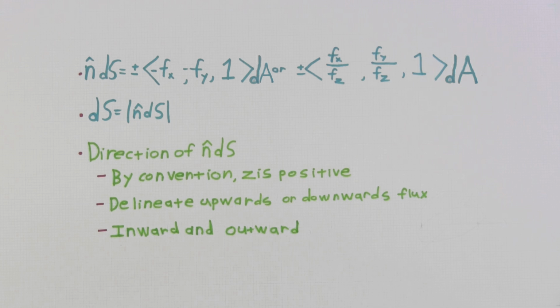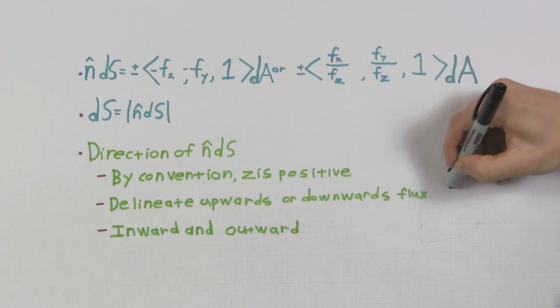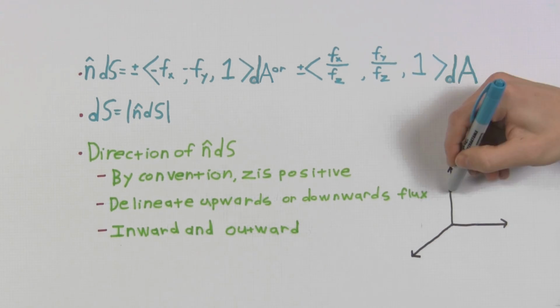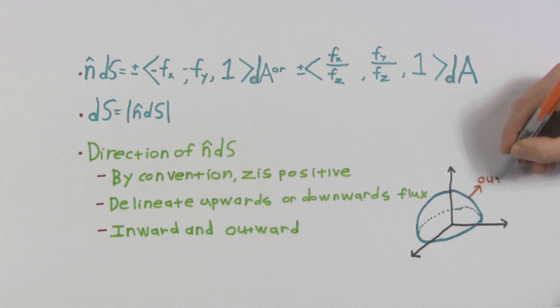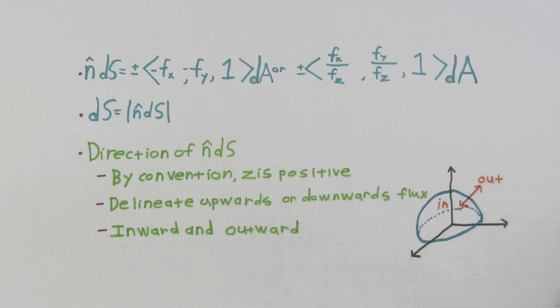These don't necessarily have some direct relationship to upwards and downwards. For example, if we look at this upper half of a hemisphere, the inward flux points downwards, and the outward flux points upwards. So when problems are referring to inwards and outward fluxes, we need to pay particular attention to which direction our z is pointing.